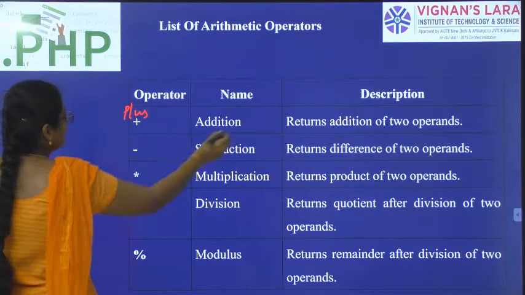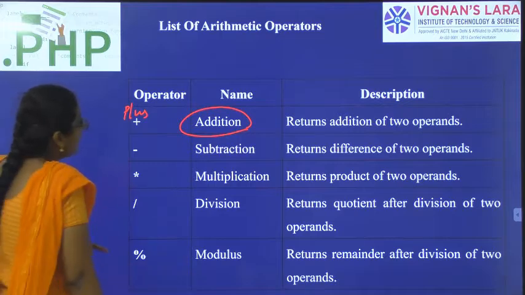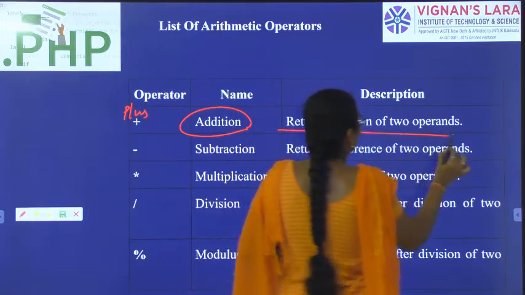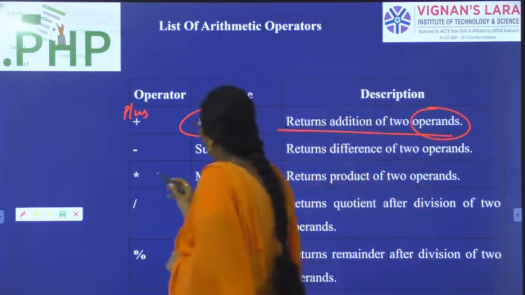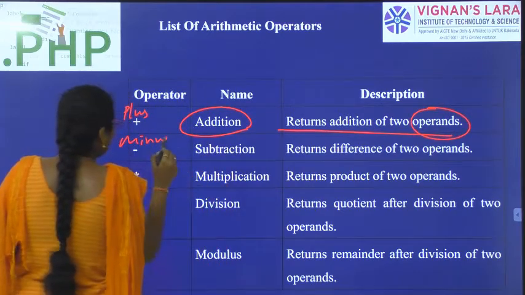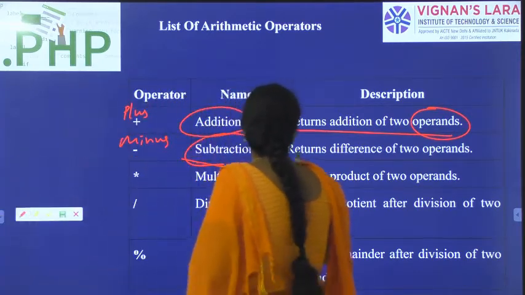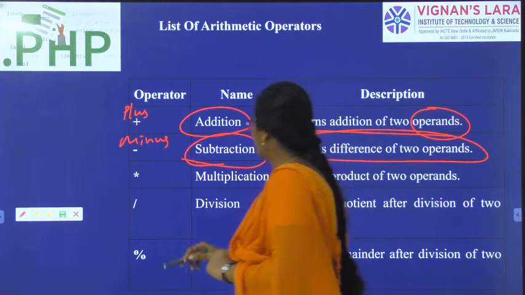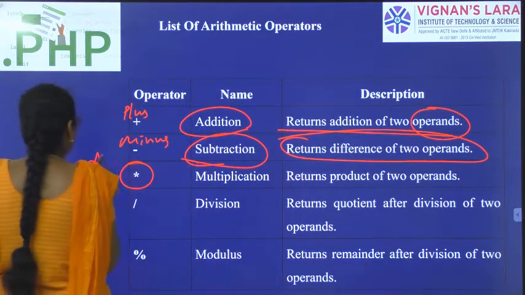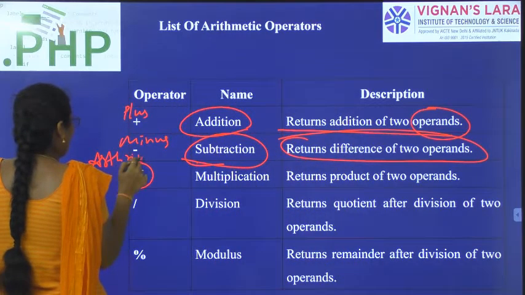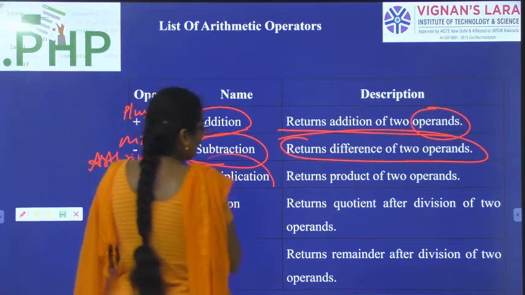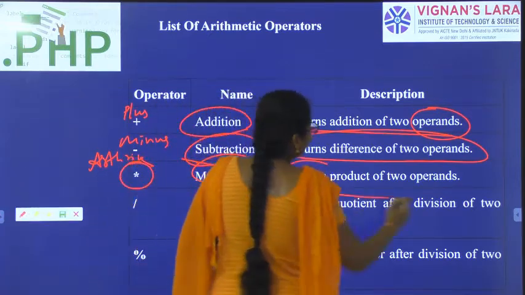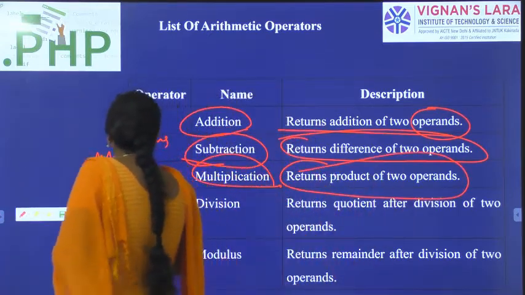Plus symbol is used for addition, which will return you addition of two operands. Minus symbol is used for subtraction, which will return you difference of two operands. Asterisk symbol is used for multiplication, which will return the product of two operands.